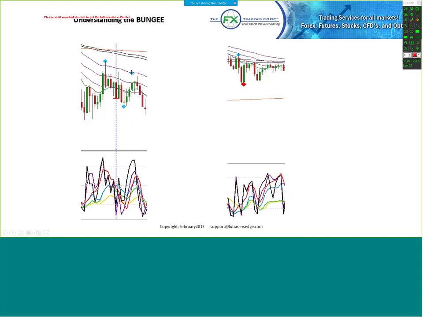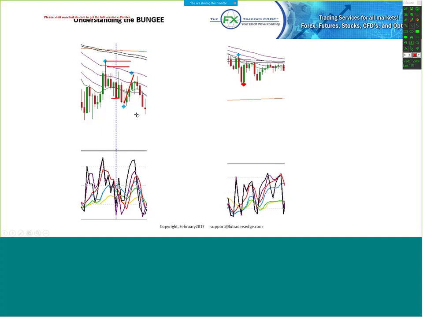Yeah, and if this was an hourly chart or a 4-hour chart, then that's a lot of pips. Now, your original trade over here, you would have had your stop either at the top of the wave or at the top of the pivot. So your original trade would have been good.